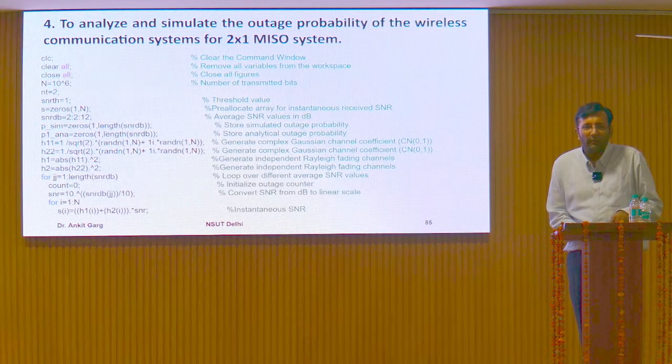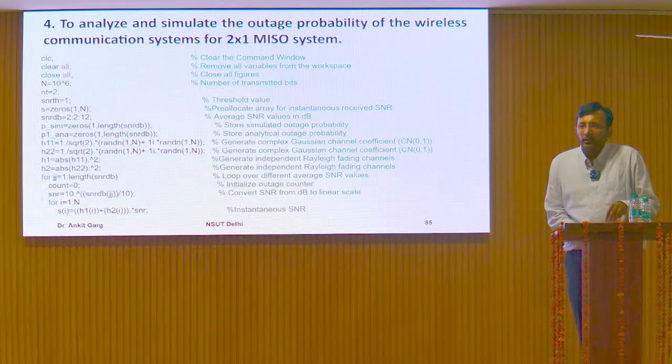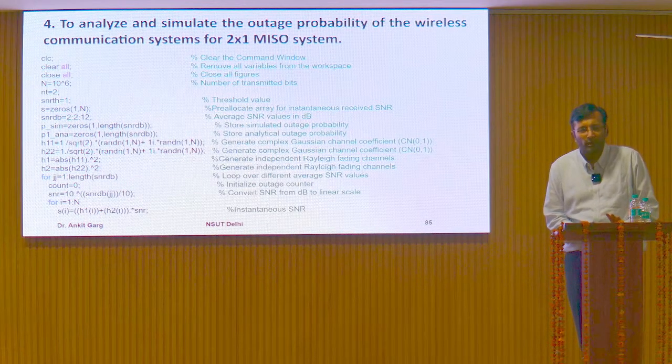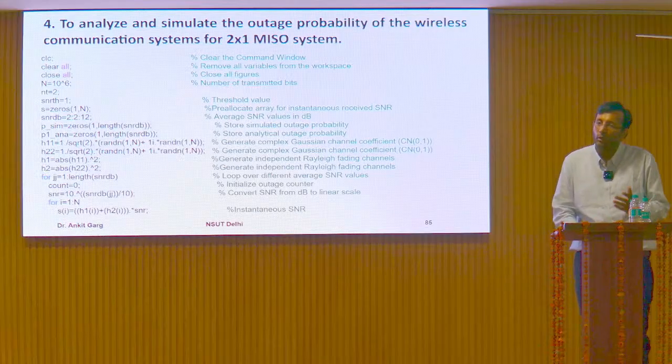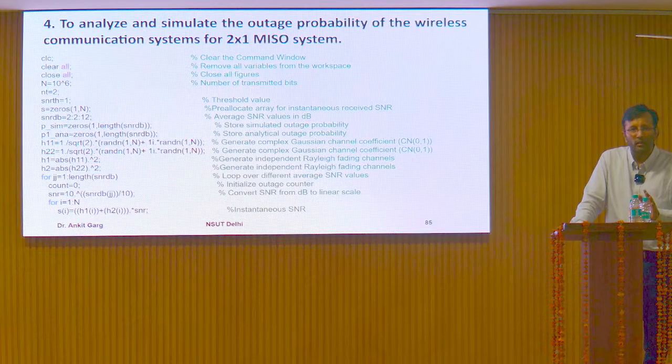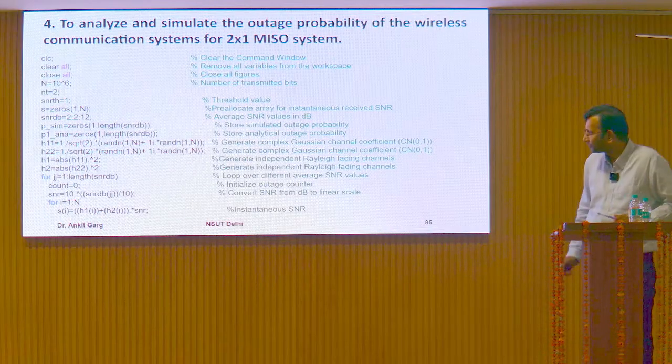So whenever I have this probability that the average SNR becomes less than the threshold SNR, we call that outage probability. So here we are going to count how many times it happens that the average SNR becomes less than the threshold SNR. Then we average it out over the total and then plot it.